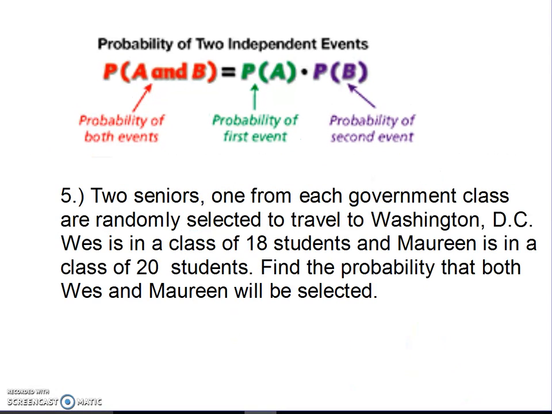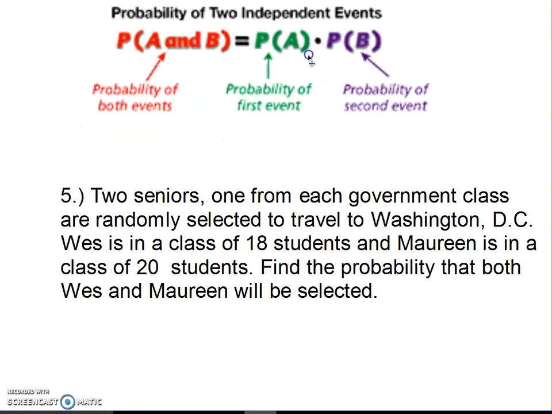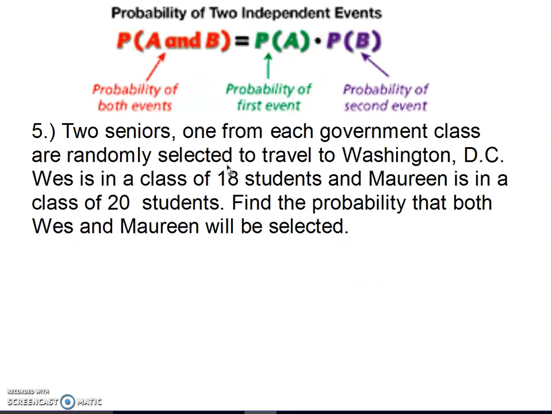Alright, question number 5. It says 2 seniors, one from each government class, are randomly selected to travel to Washington, D.C. Wes is in a class of 18 students and Maureen is in a class of 20 students. Find the probability that Wes and Maureen will be selected. So we want the probability of Wes and the probability of Maureen.